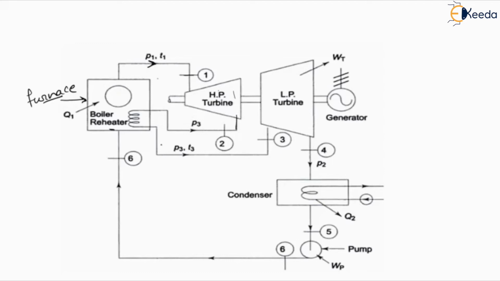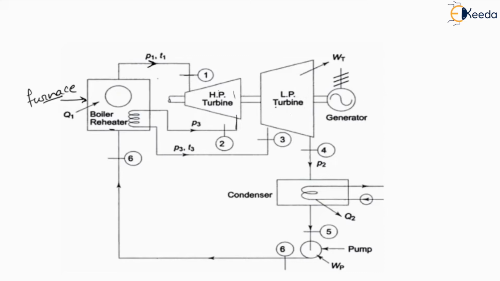and this intermediate pressure steam, which is lower than the higher pressure, will transfer to the lower pressure turbine, and in this lower pressure turbine it will again reduce its pressure and convert into work.